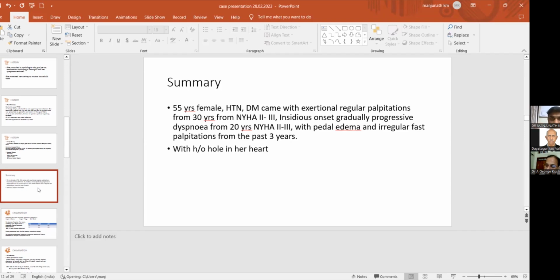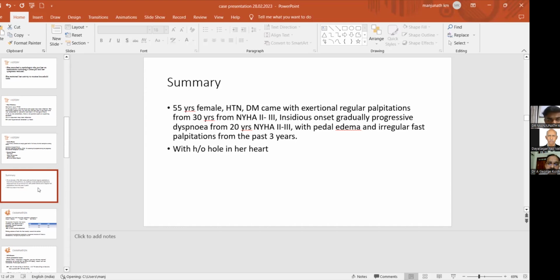But in mitral valve disease, when they develop AF, their left heart symptoms will be dominating. They may go in for class 4. They may be more sick when they go in for right heart failure. So between mitral regurgitation or mitral valve disease going for progression, AF, and severe right heart failure versus ASD, ASD will be relatively less dyspneic compared to left heart disease. So based on that, I may prefer congenital heart disease like ASD.